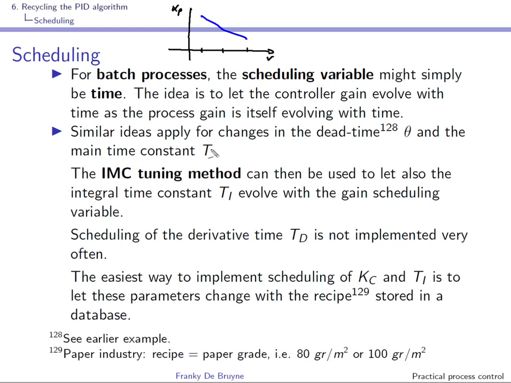There is actually an example that I will leave for your information that shows that, well, with a change of the scheduling variable, you can see the main time constant evolve, right? So you could have here an evolution, for instance, of the main time constant that might, let us say, evolve like this, and then you have something similar for, well, the delay in the system, right? That it goes like this, and these are just examples.